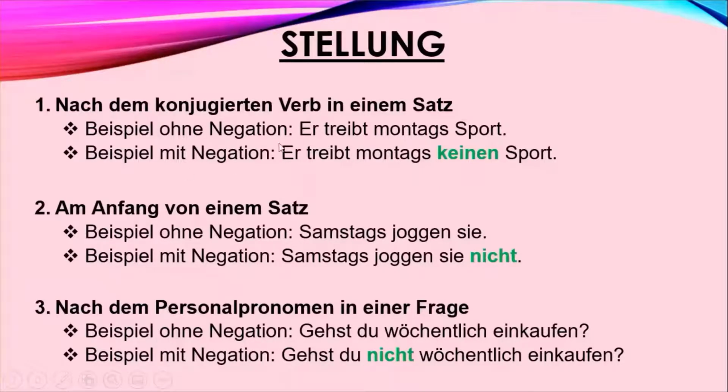Example with negation. Er treibt montags keinen Sport. He does not do any sport on Mondays. The negation word used is kein here. Firstly, because we use this word generally before the German nouns.